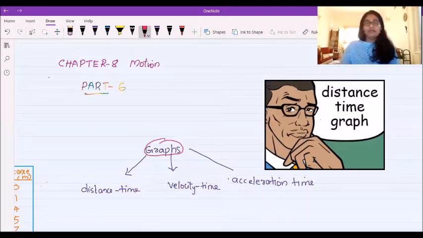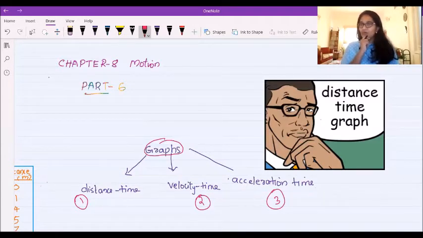The first one is the distance time graph, the second one is the velocity time graph, and the third one is the acceleration time graph. We are going to deal with each one separately because together it is very difficult. So first let's go for the distance time graph.